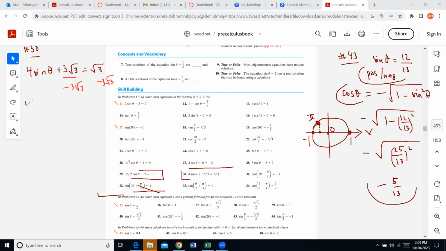So you get 4 sine of theta, which is the same as a negative. When I subtract 3 from 1 it will be 2, right? So it'll be negative 2 square root 3. And then I'm going to divide this by 4 on both sides.